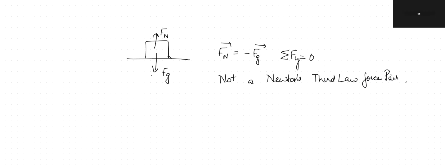Similarly, the force of gravity is the force the earth applies downward on the book. So according to Newton's third law, the force that makes the force pair with the force of gravity is the force the book applies on the earth.